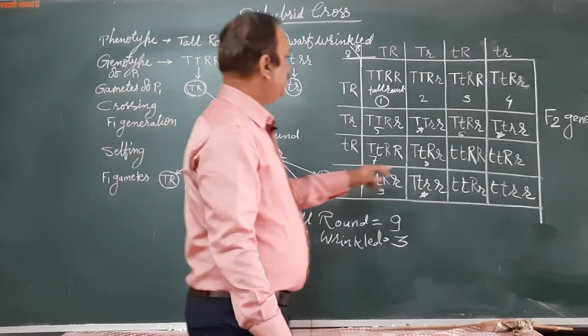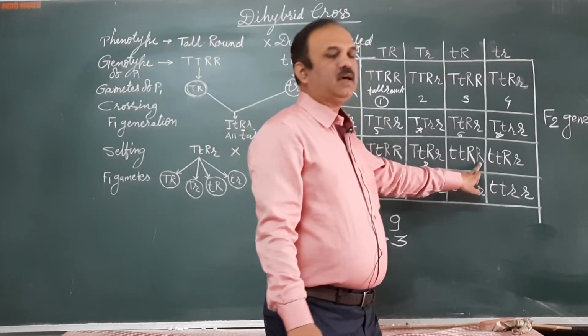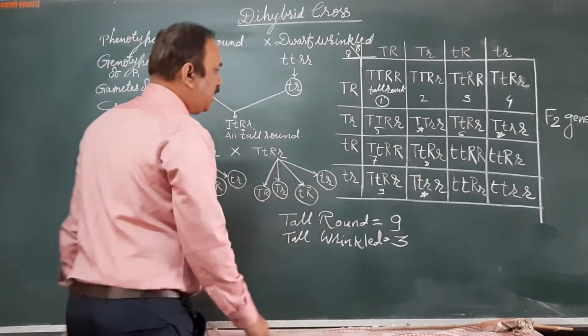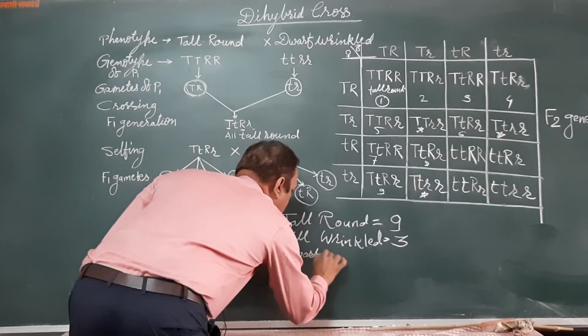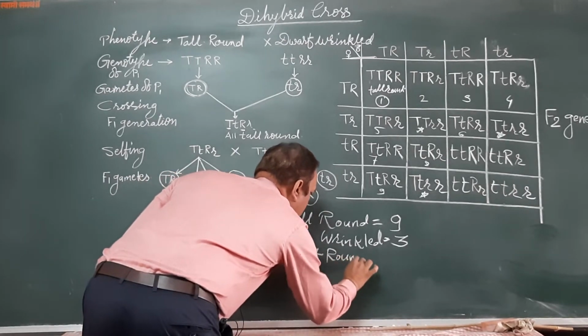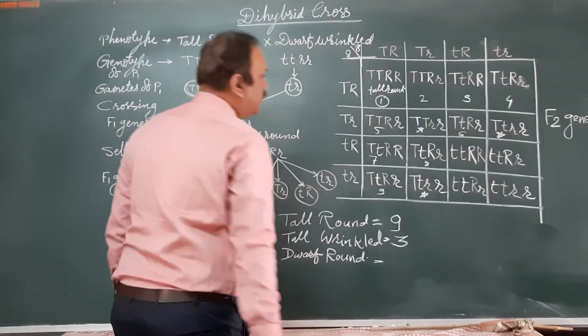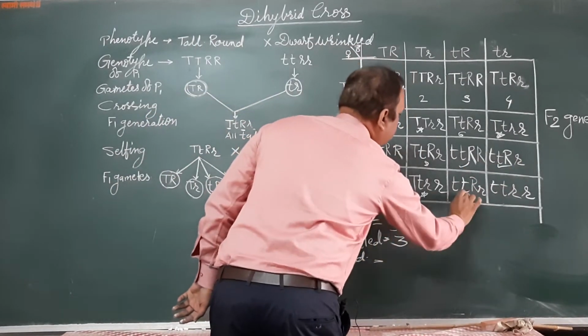Now see this one. This is small t, capital R, meaning this is dwarf, and capital R means round. So this is a dwarf round plant, dwarf in height, and the seeds are round. Count the number: 1, 2 and 3.